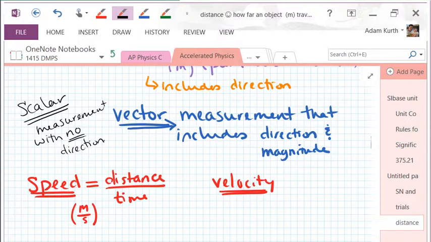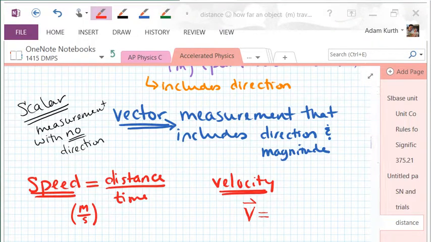All right. So speed, easy enough. We've been doing that for a long time. Velocity is just a little bit different. Velocity, we're going to mark velocity with a V. It is a vector, so I'm going to put the little arrow on top of it. And velocity, instead of being equal to distance over time, it's equal to displacement. So it's the one that has direction, right?